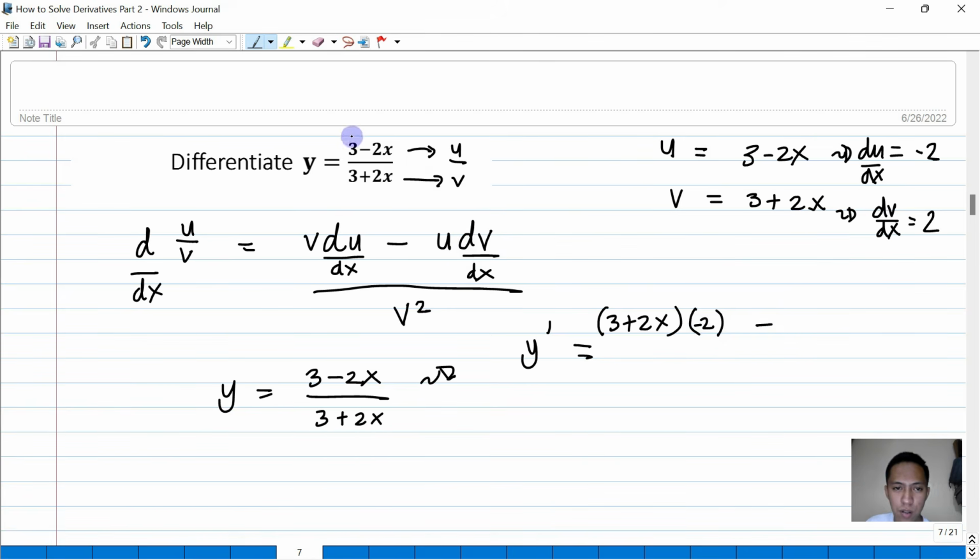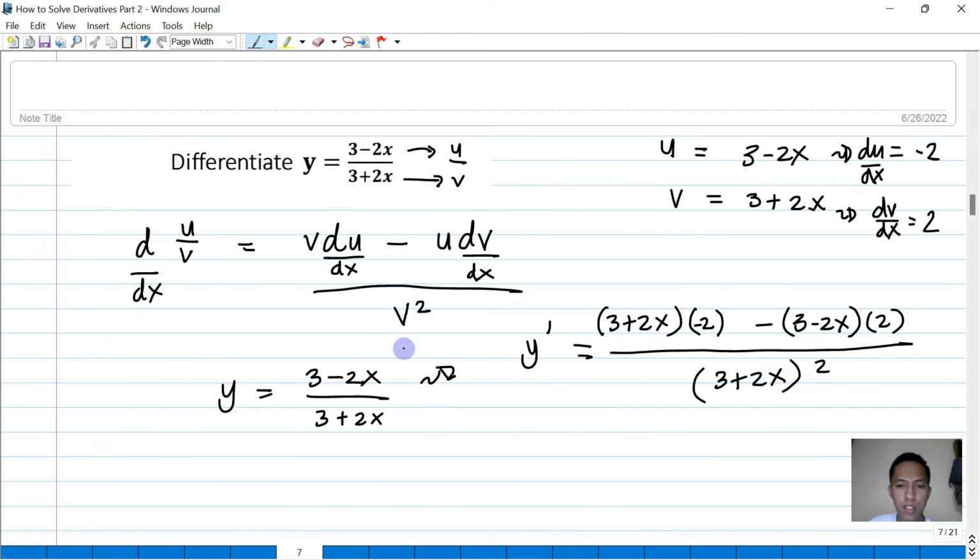U is, eto, 3 minus 2x, yung ating numerator. So (3 minus 2x) times derivative of v with respect to x, which is 2. So times 2 dito guys. And we have all over v squared, the square of your denominator, which is 3 plus 2x. So that is squared. Then we just simplify guys.